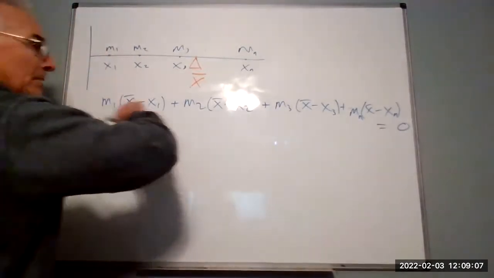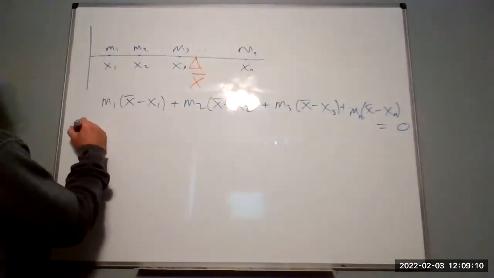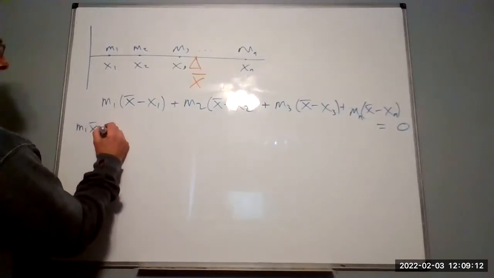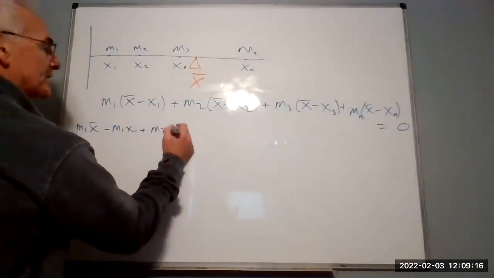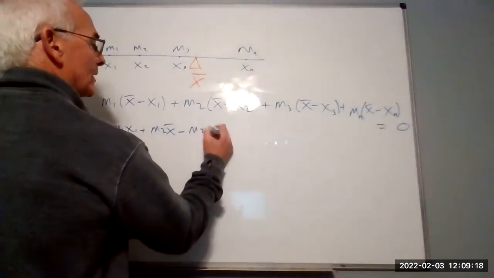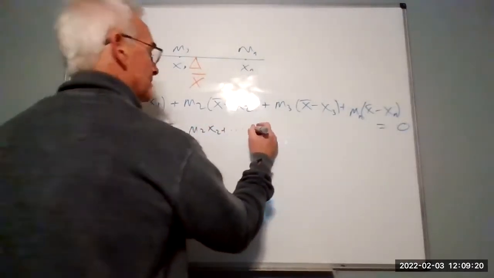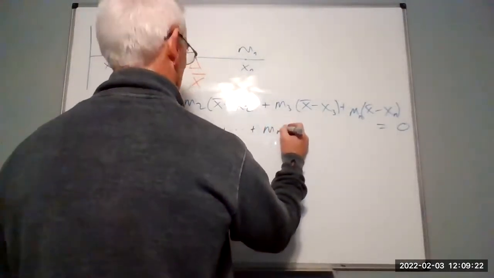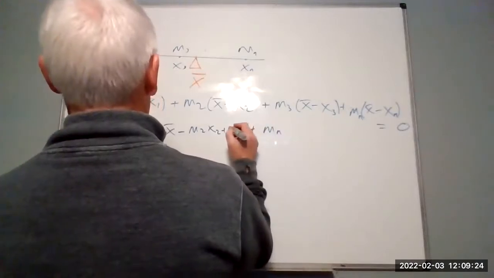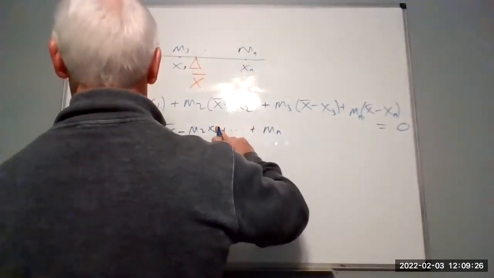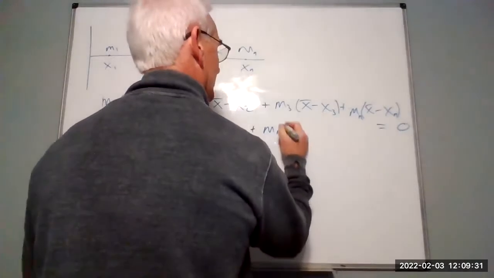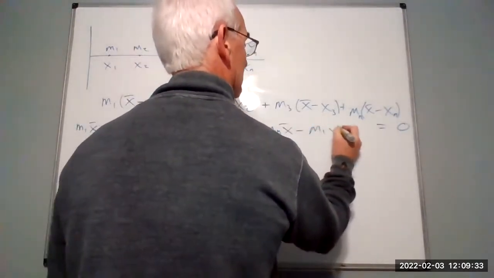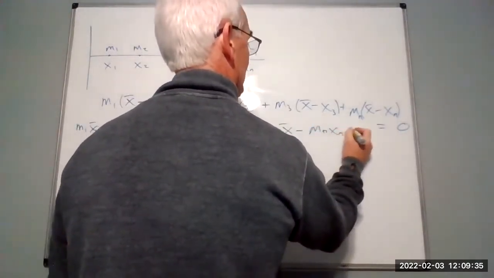With that, it makes it very easy for me to find x bar now. So first thing I'm going to do is distribute. I'll have m1 x bar minus m1 x1 plus m2 x bar minus m2 x2 plus all the way down to mn x bar minus mn xn.